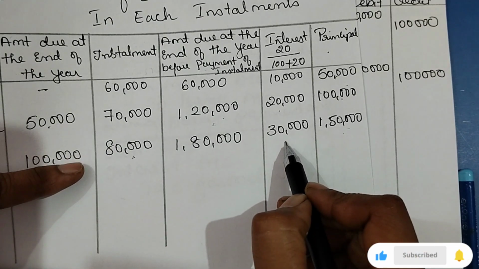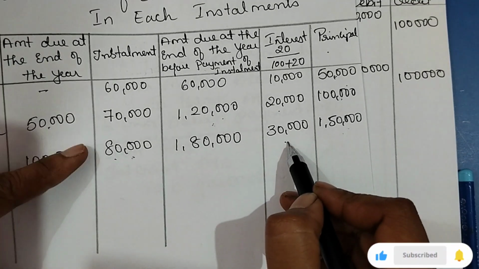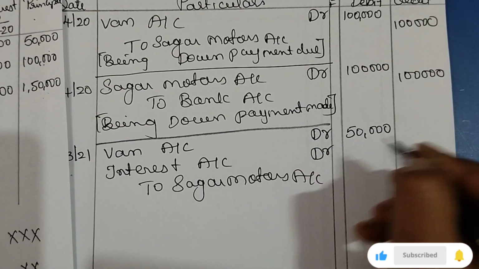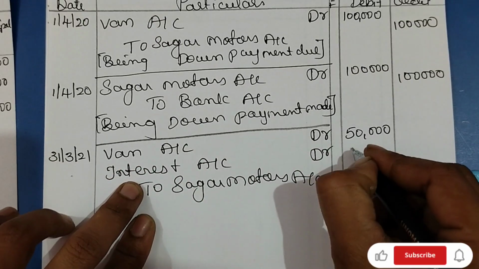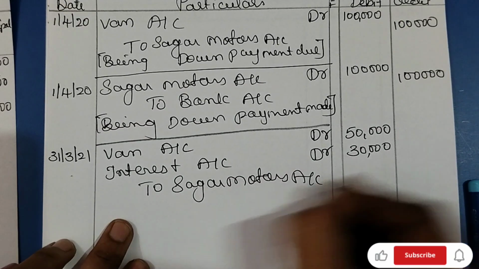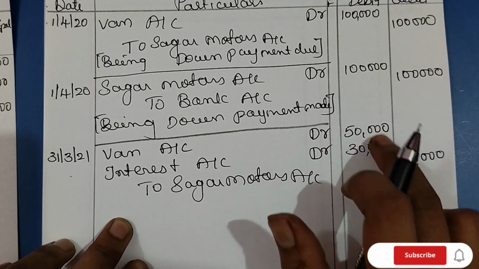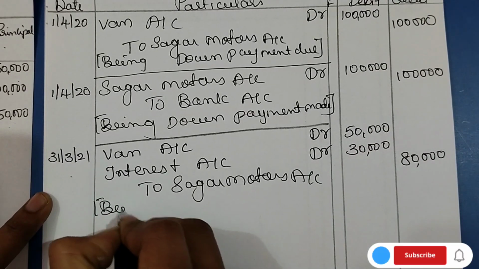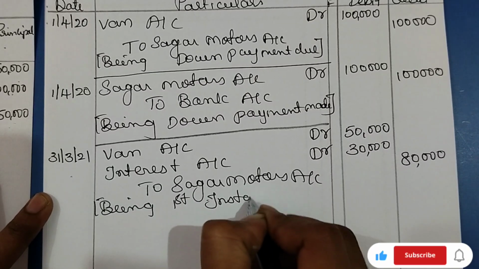The amount of interest is 30,000. Out of 80,000 minus this 30,000, the principal amount is 50,000. You record van account 50,000 and interest account 30,000. Totally we paid installment of 80,000. Principal plus interest is installment. This is the due entry, being first installment due.